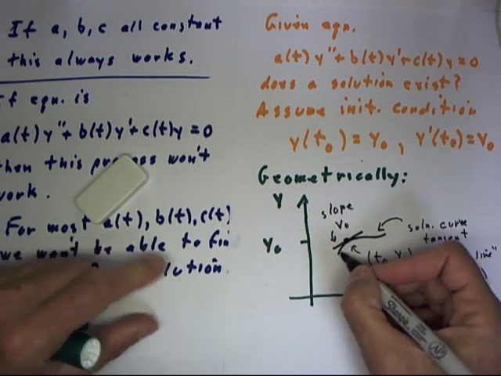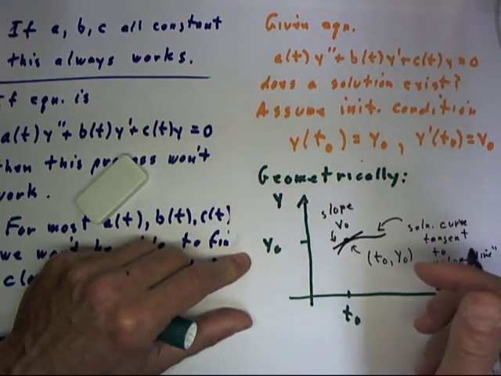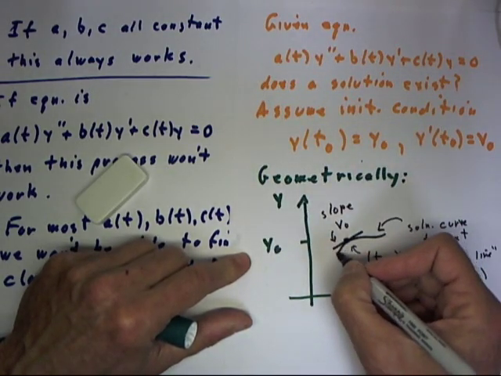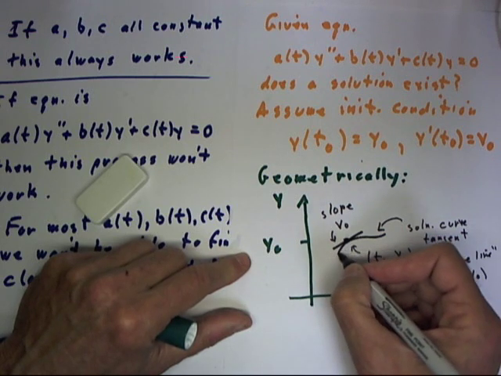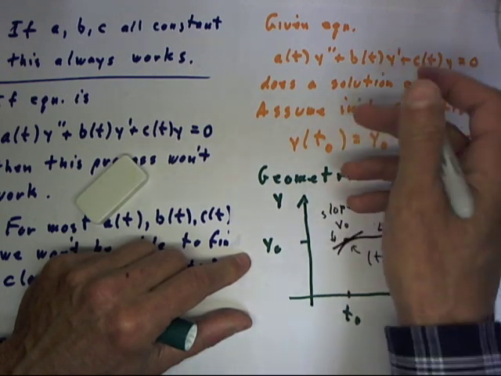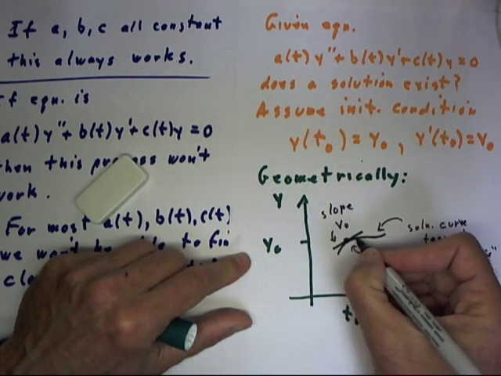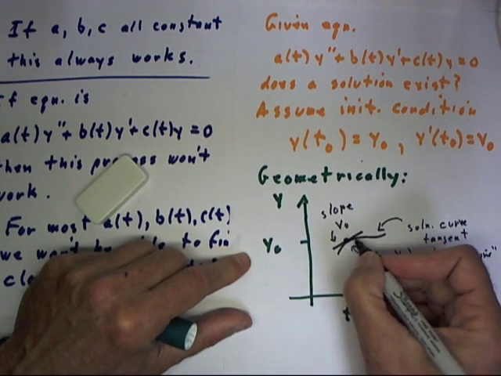Now, if this does happen to be the solution curve for this equation, then what do we know about the second derivative? Well, since the curve is concave down, we know that the second derivative of our solution function, our y double prime, would be negative at this point. That's not necessarily the case.